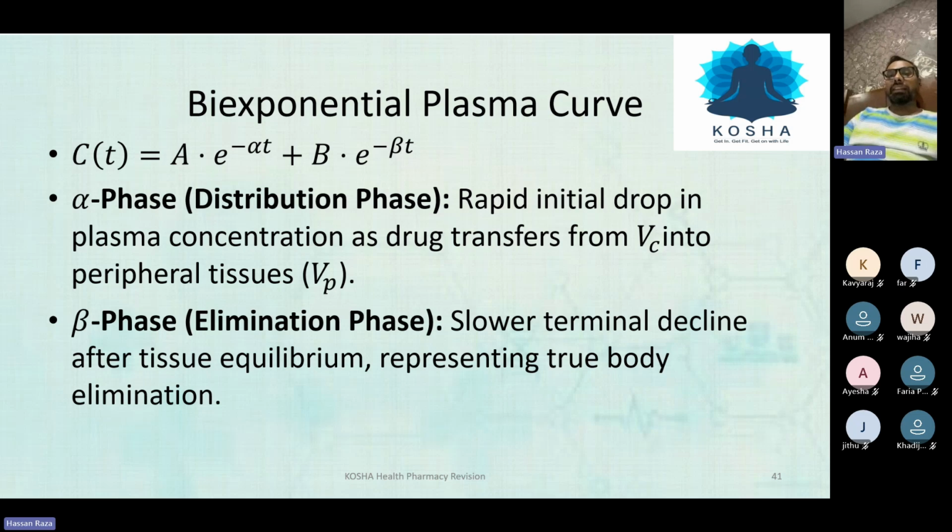If you have to determine the concentration of any drug at any point of time, you have to add the concentration present in the distribution phase to the drug present in the elimination phase. One more thing: we have infusion pumps in our OT or ICU, and these infusion pumps calculate the concentration through this formula.